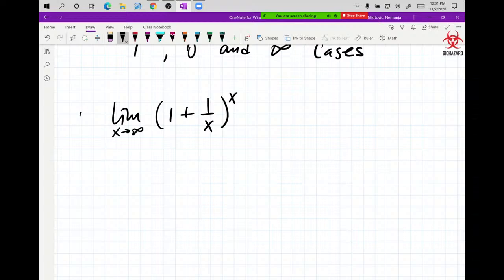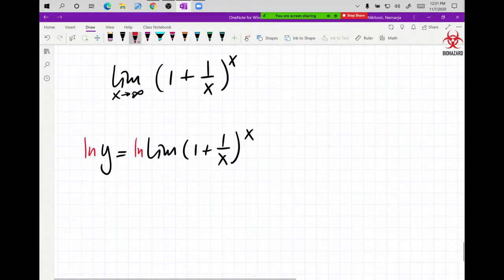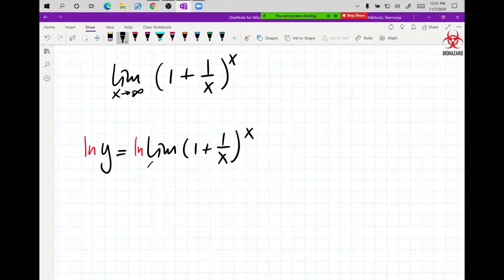Well, as before, we set this equal to y. Actually, I'm going to do this in a separate step, and then we squeeze in ln on both sides. Now, there is a proof why ln and limit can swap. It has to do with ln being an increasing function.